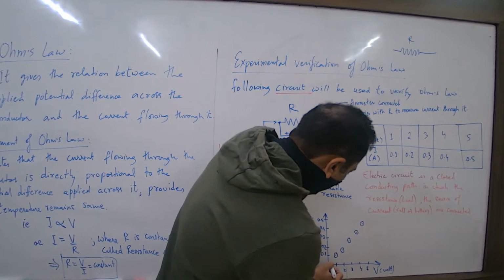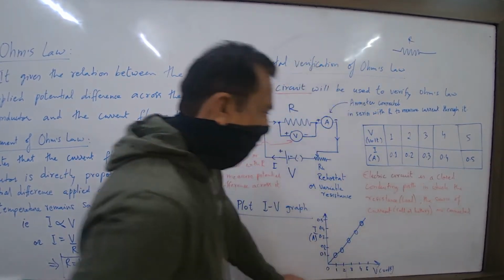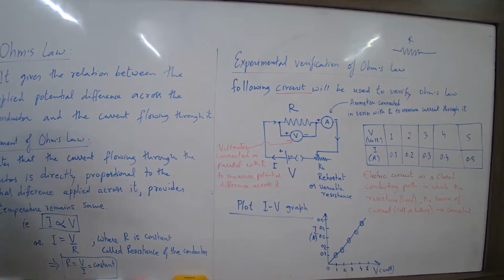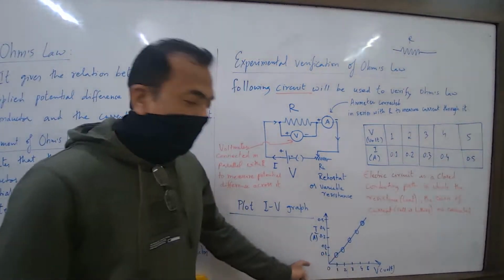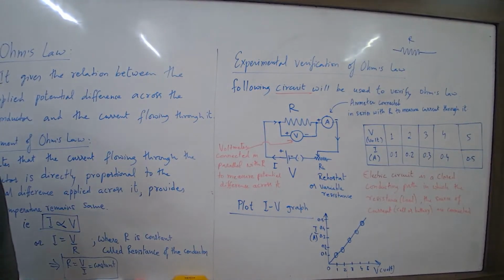So you're getting a straight line passing through the origin. That means this relation is verified. When we increase voltage, current is increasing in the same proportion. Right?